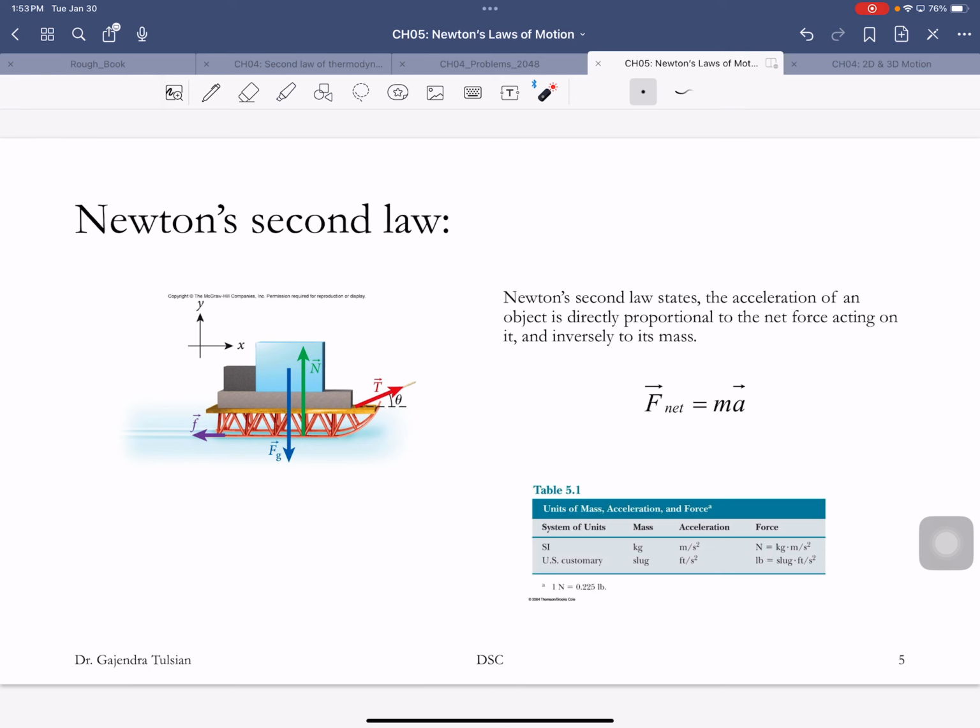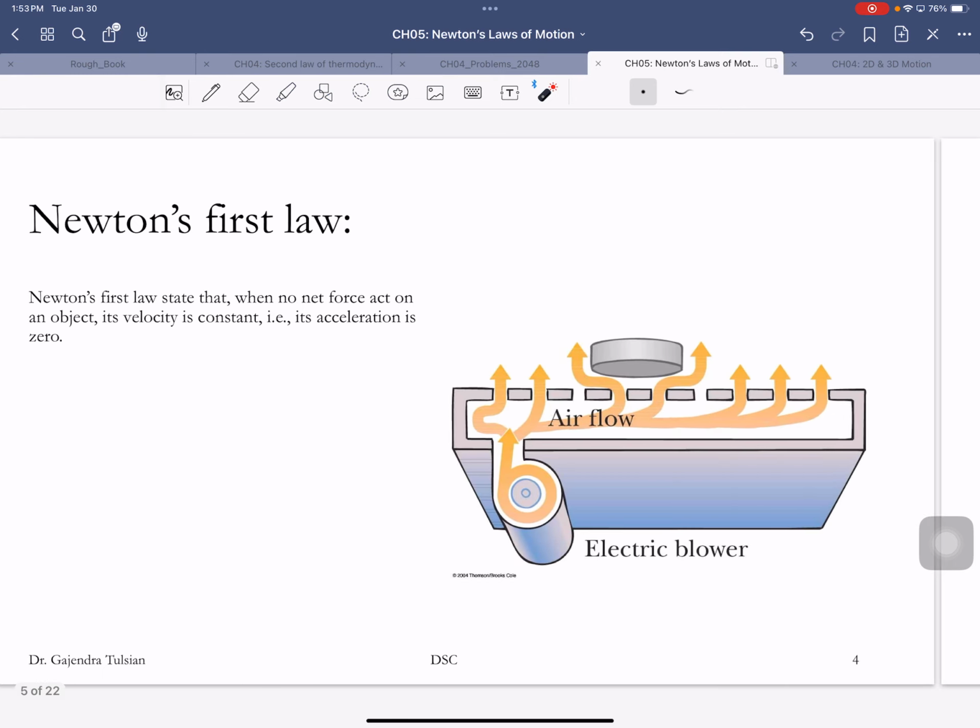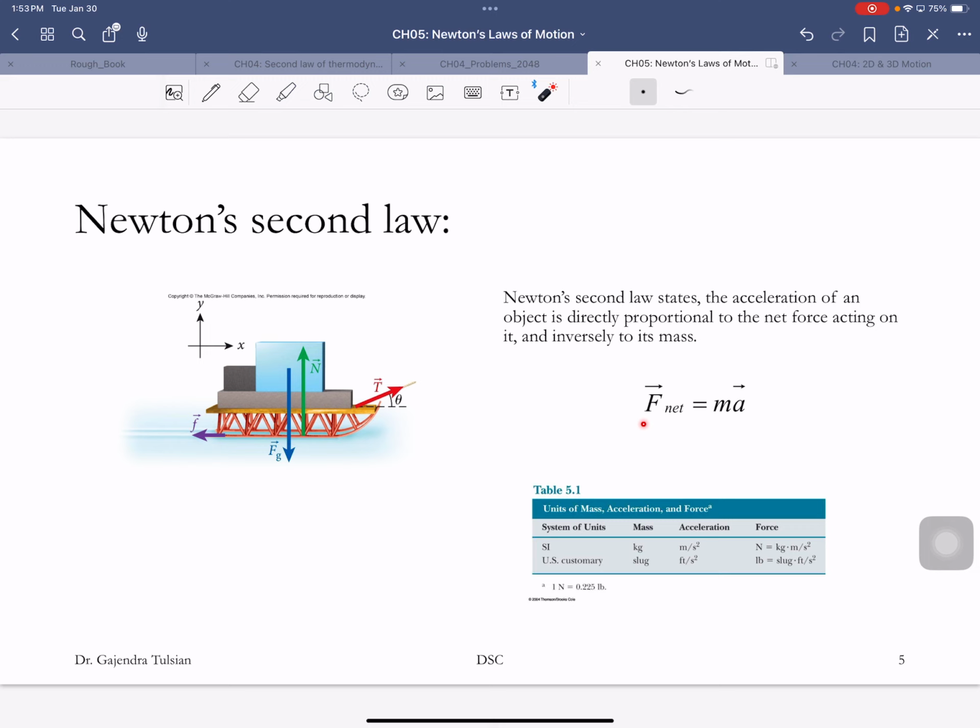Now Newton's first law is just a special case of this equation. If the force acting on the object is zero, what is the acceleration? Zero. If the acceleration is zero, what does that mean?